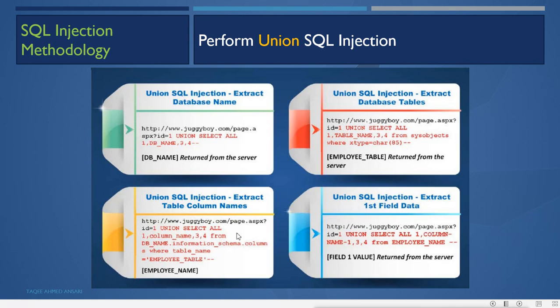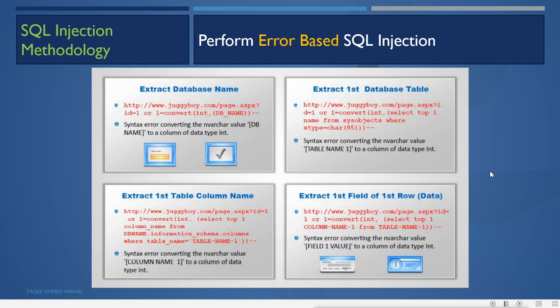It depends on the database we are using; these queries may change. So we just have to have knowledge about some of the queries and how to run them, and using that knowledge, we insert those queries into the vulnerable fields.